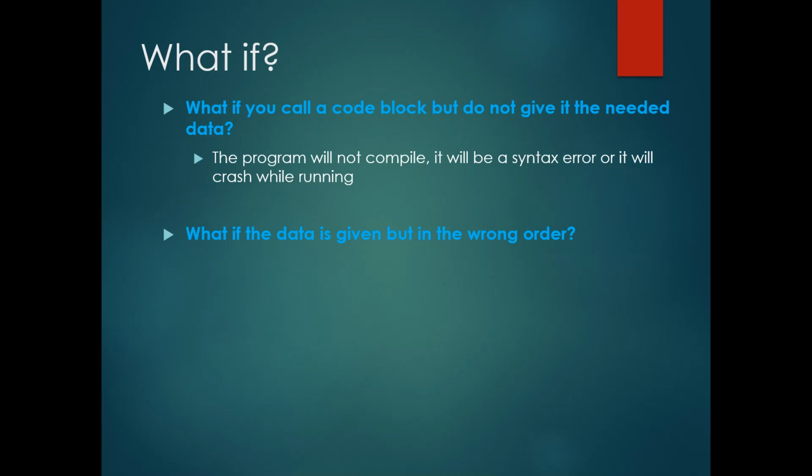It would try and take the string and copy it into an integer. Well, that's not going to fit. That's like trying to drive a semi-truck into a garage. It just won't work. It doesn't fit. And we'd also be trying to put an integer into a string. That's not going to work either. So we have to make sure that we always specify things in the right order and of the right type.